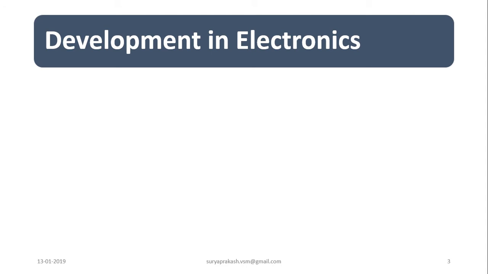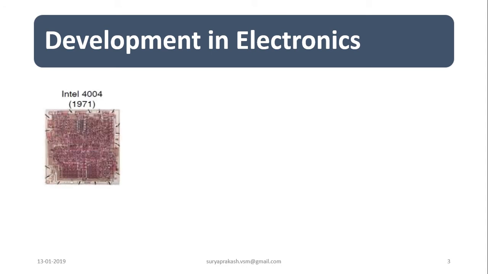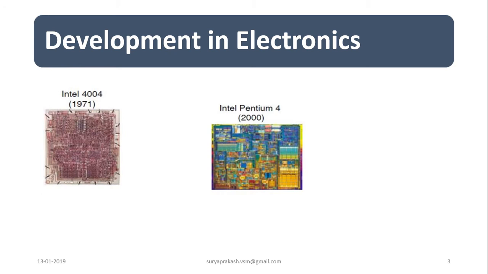First things first, we will see the development in electronics. For example, let us consider the Intel 4004, developed in 1971, and then in 2000 the Intel Pentium 4 was developed. When comparing the Intel 4004 and the Intel Pentium 4, 2,300 transistors were involved in developing the Intel 4004, while the Pentium 4 has 42 million transistors.